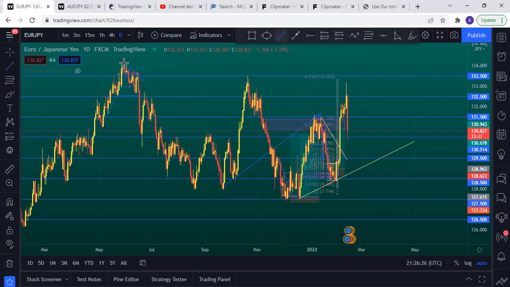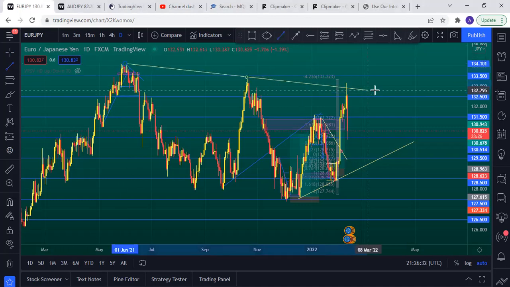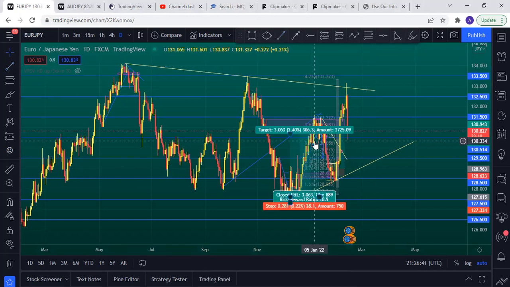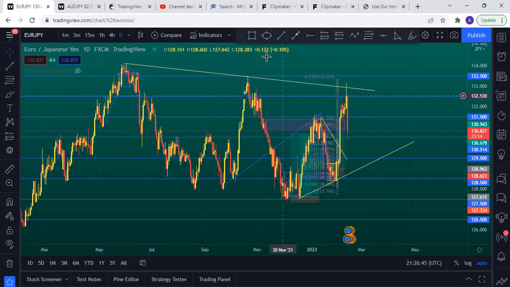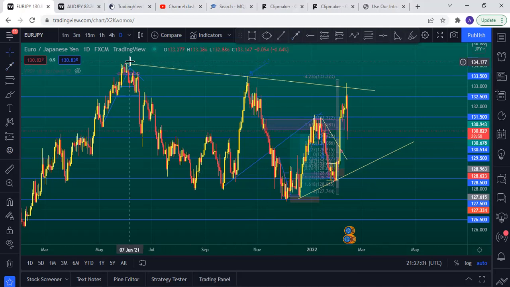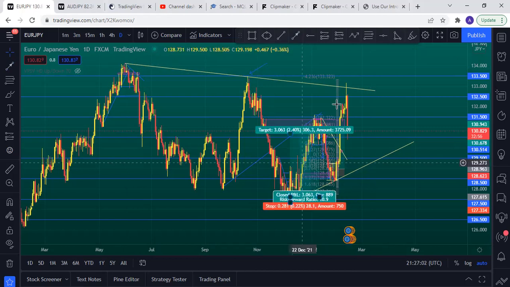So this would be, yeah, that would be the major trend line. All right. Now, what you need to understand when you look at this is, looking at these two trend lines, you see that they are the most extreme trend lines possible. All right. They are the most extreme possible. And you see that price has reacted to it here. All right. Price has also reacted to it here. And that means this is the major trend line.